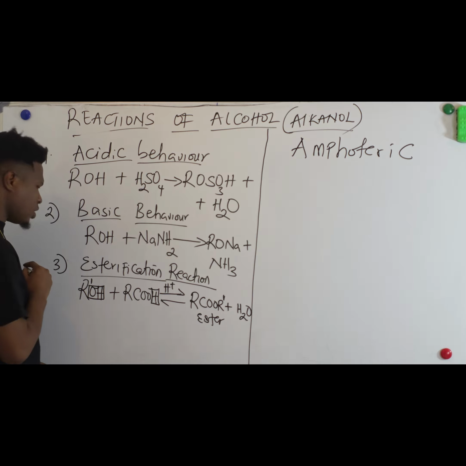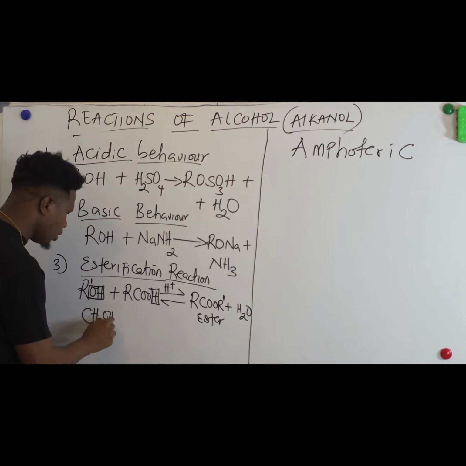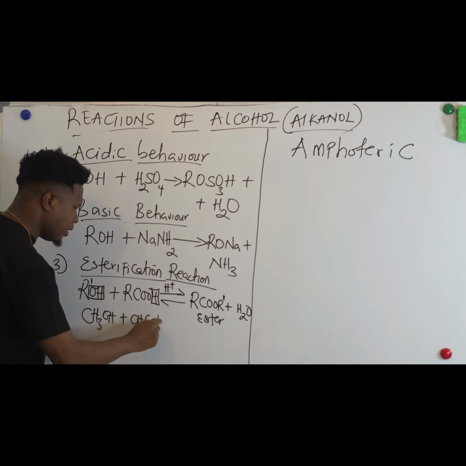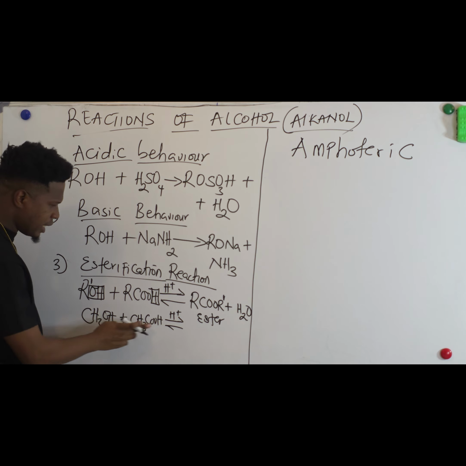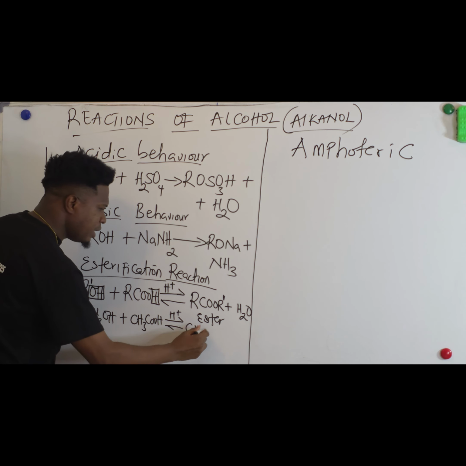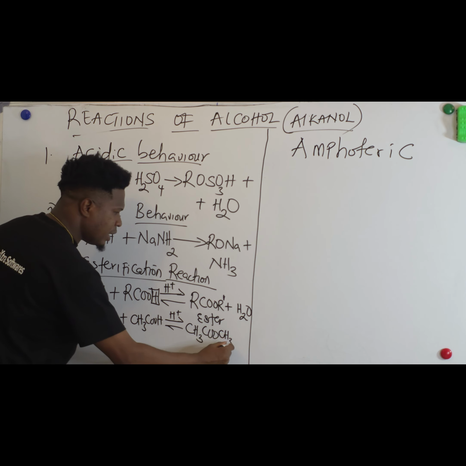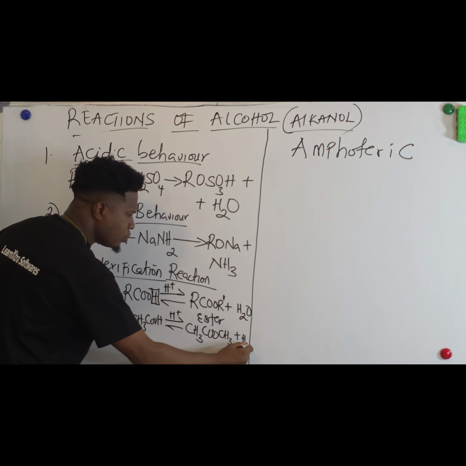An example of such a reaction is when we use, let's say, methanol reacting with, let's say, ethanoic acid, in a reversible reaction. What we're going to have here is simple. The OH and the H go to form water. So we'll have CH3COOCH3 plus H2O.